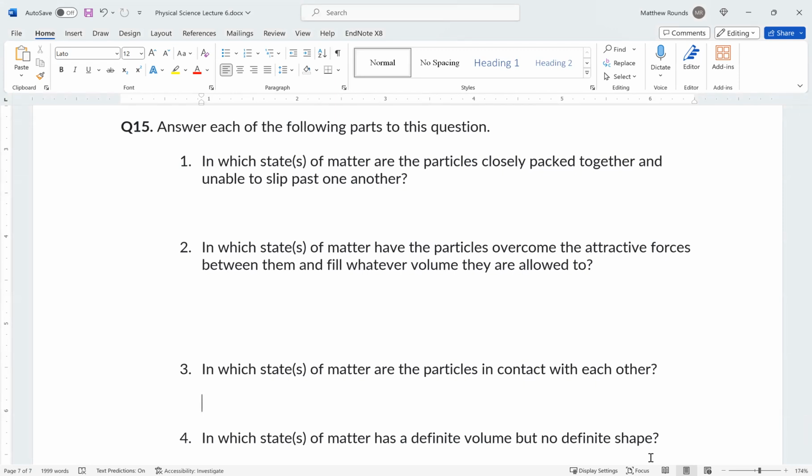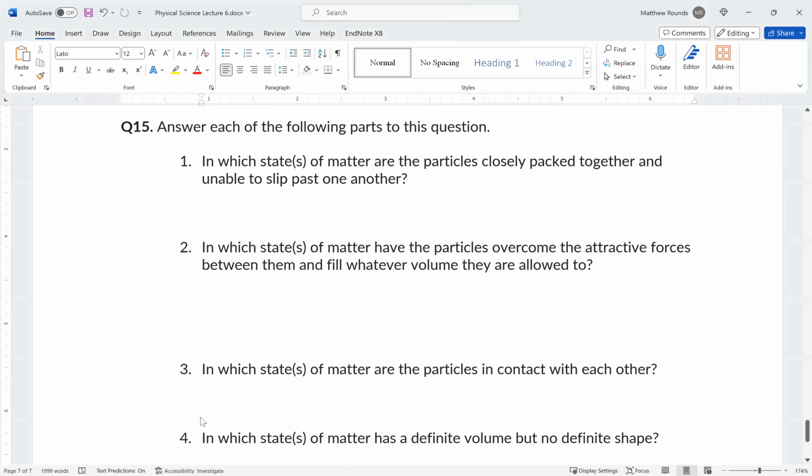Okay, I just kept saying solids and liquids for each of them because they're the only ones that came to my head for each question. Let me double check before I send them in. The answers are not solid or liquid for every one.